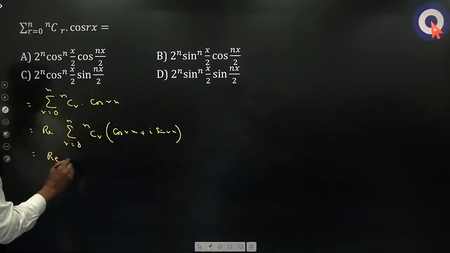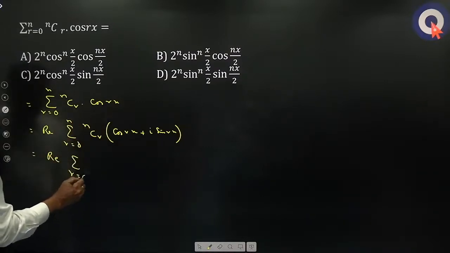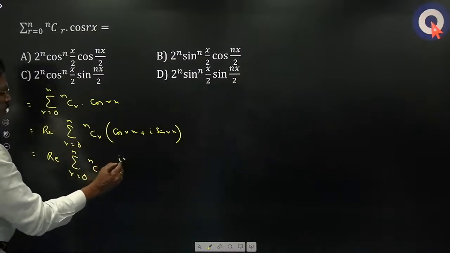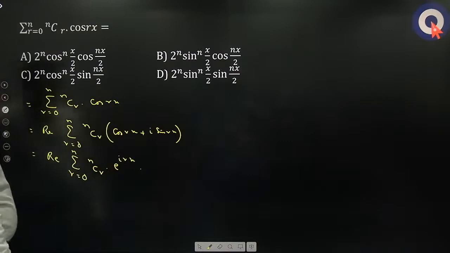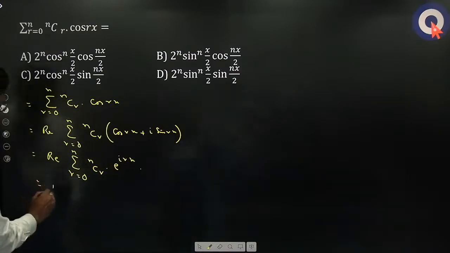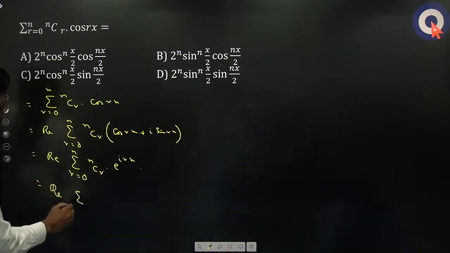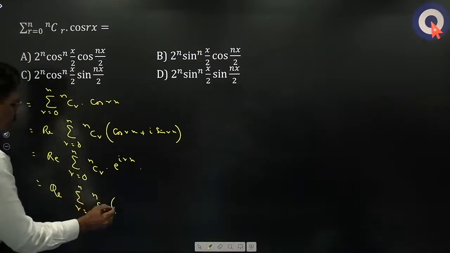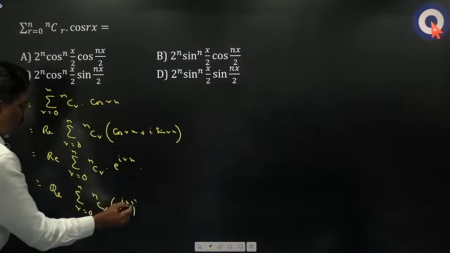So the real part of sigma r is equal to 0 to n nCr into e to the power of i rx. So this is the real part of sigma r is equal to 0 to n nCr into (e power ix) whole power r.